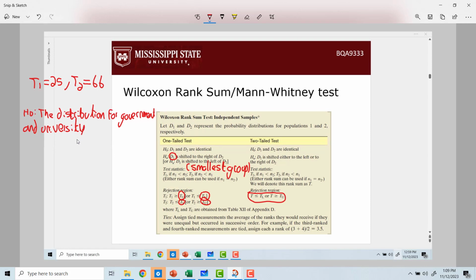Government and university economists are identical.